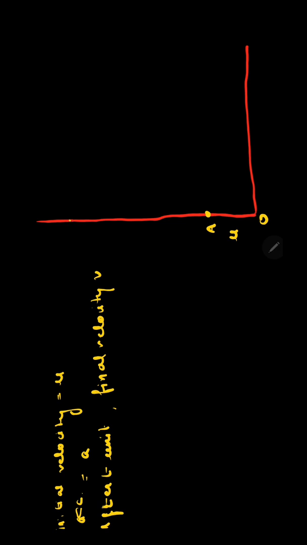Another point N such that the distance of O and N is v. As you know, all this is happening in the time period t, so I am taking another point P, which is t unit from the O. This is the first point, and according to the coordinates of the second point, v is here and t is here. So when you join these points, it forms a slope of a straight line.